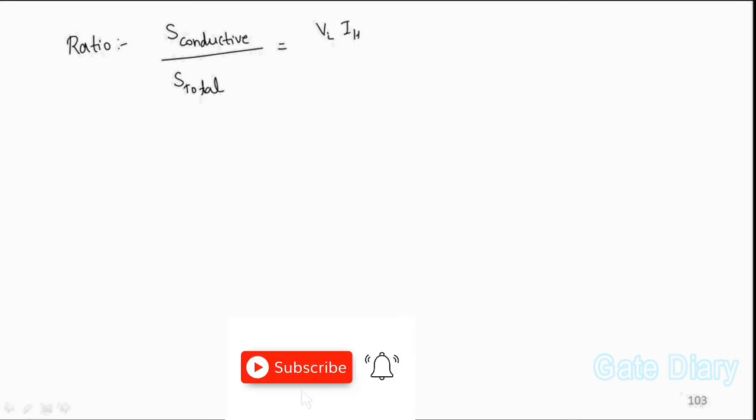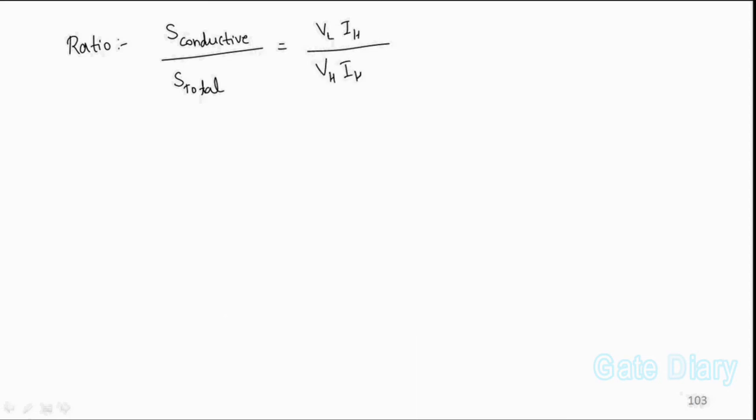The ratio of S conductive by S total: conductive is VL IH, because of conduction, and total is VH IH, or in other words conductive is VL IH by VL IL.